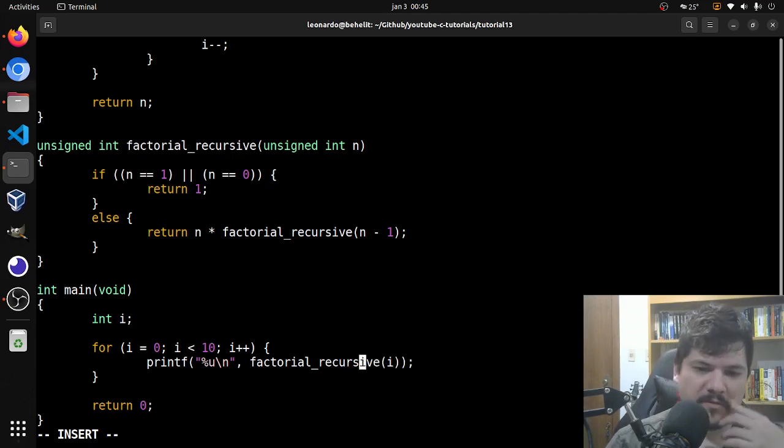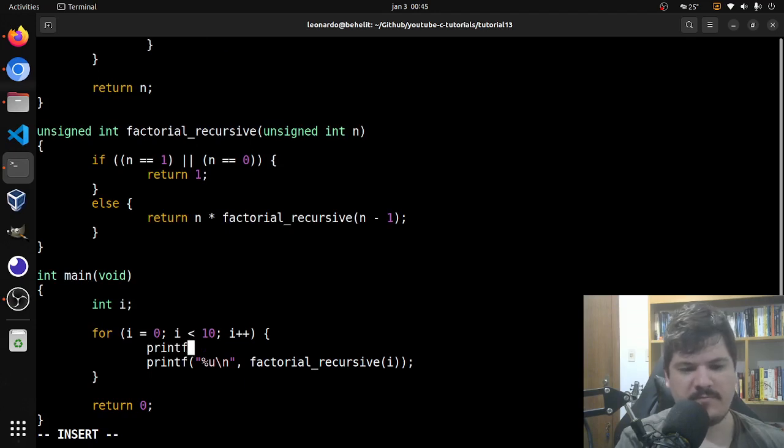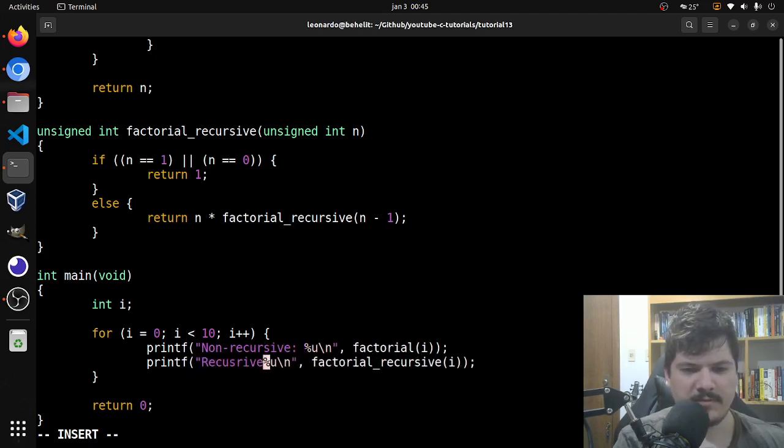So let's call it factorial recursive. It should give us the same results. So let's call both of them just for comparing. Factorial of i, let's say non-recursive, and then recursive.